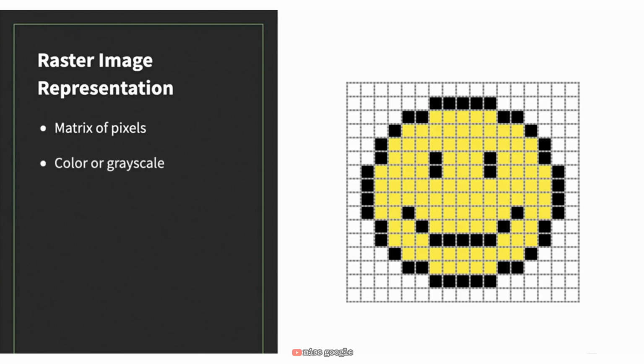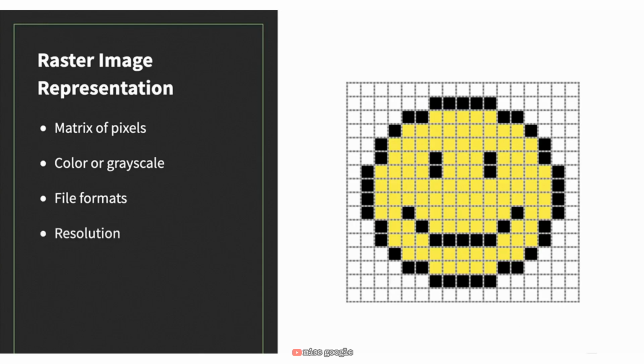Images may encode color, but they may be grayscale or even black and white. There are several file formats used to store pictures. Some of these formats involve compression, but not all of them. And lastly, an image may be stored at different resolutions.